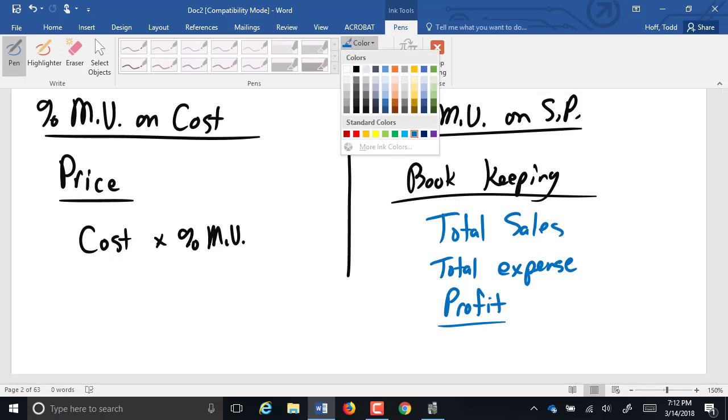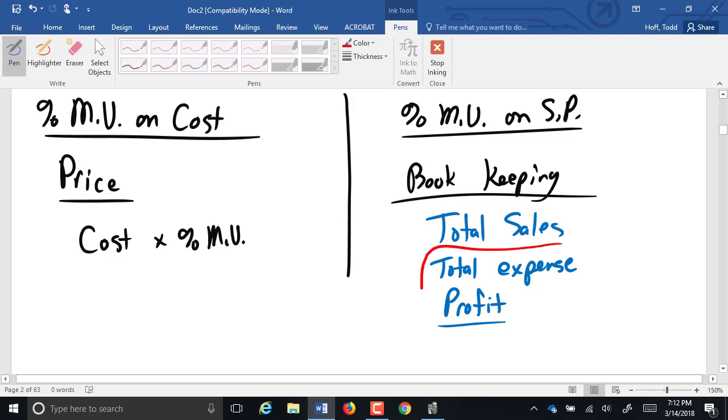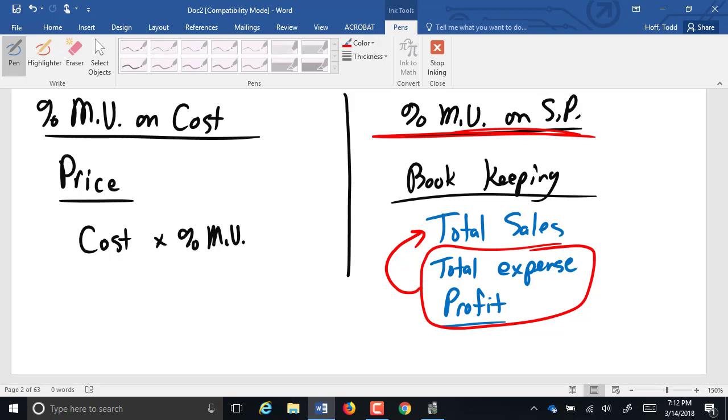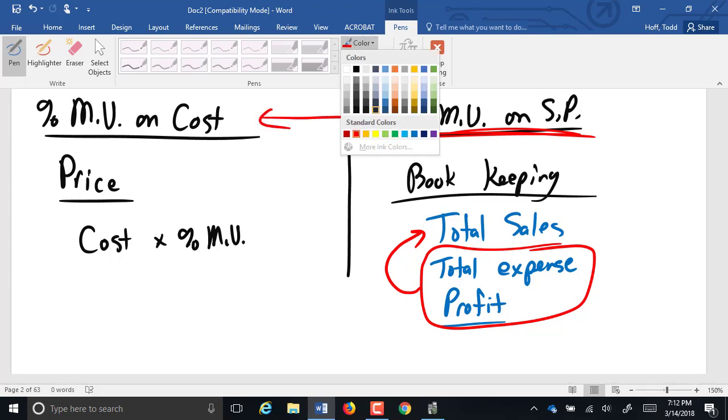Remember, the markup is the expenses and the profit. So it's easy to figure out what those are as a percentage of total sales. That would be a percent markup on selling price. So in business, it's often essential to be able to switch from a percent markup on cost to a percent markup on selling price, or the other way around.